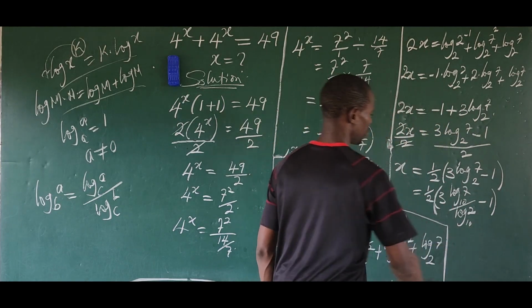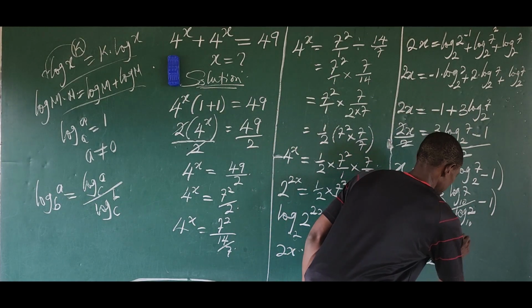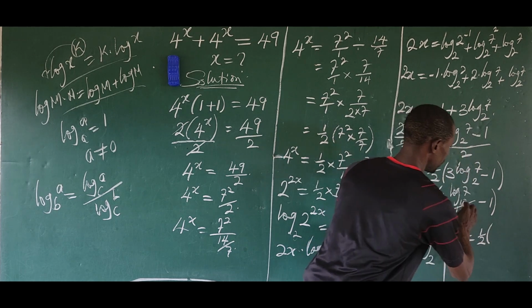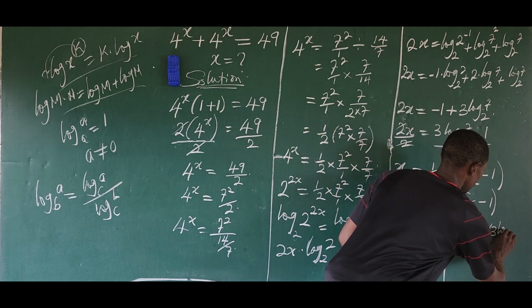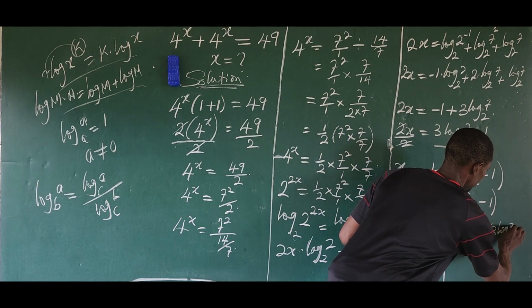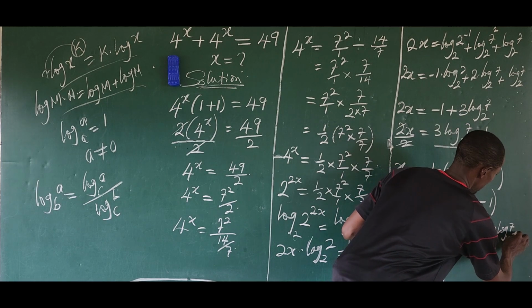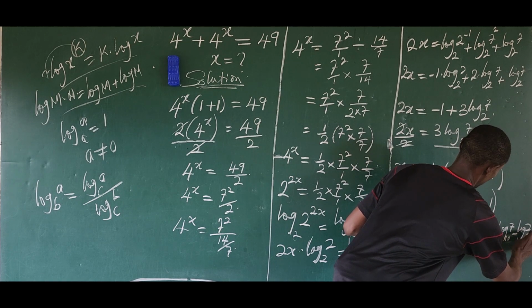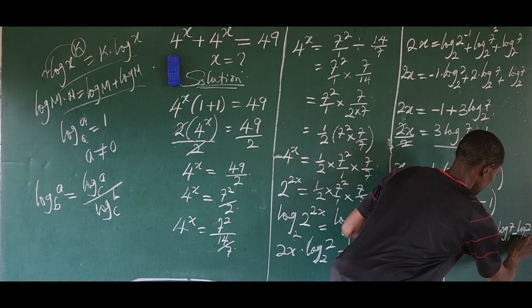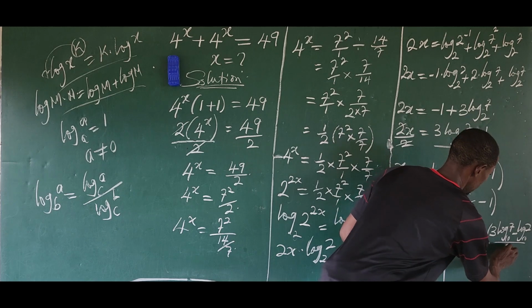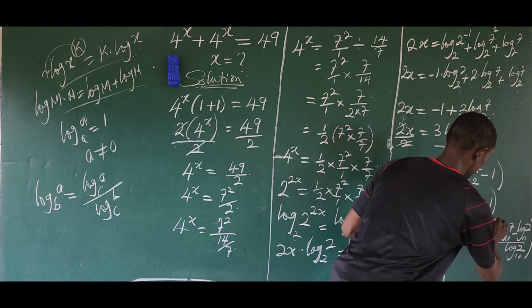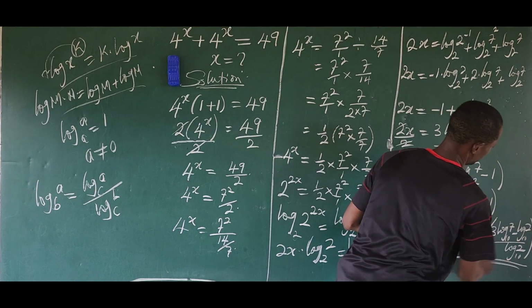Okay, so therefore x is equal to 1 over 2 times, we have here 3 log 7 base 10, then minus log 2 base 10, all over log 2 base 10. So this is our final answer.